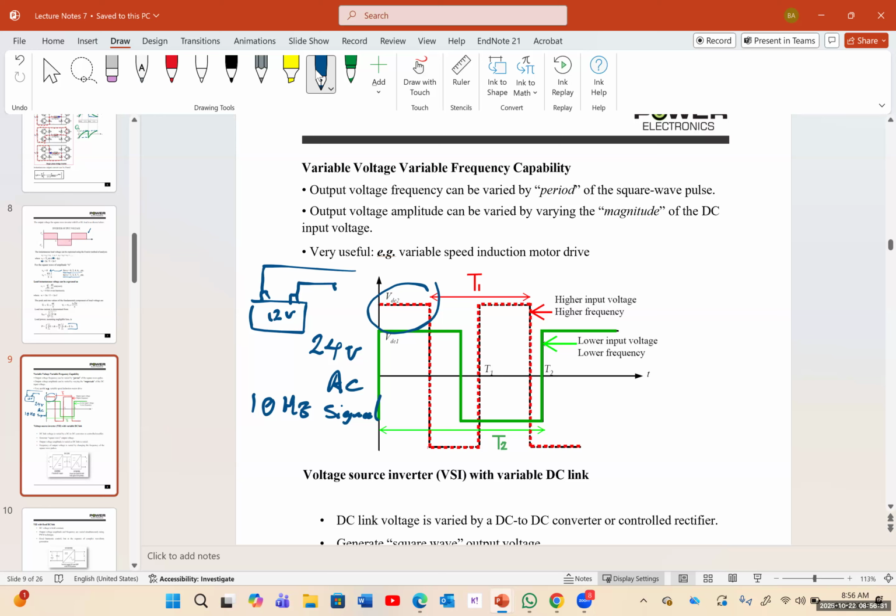How can I change the output voltage using this? Did you have an idea, Tyler? Perfect, great, that's excellent. Yes, that's the exact answer.